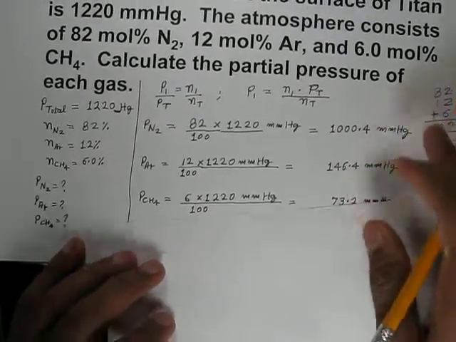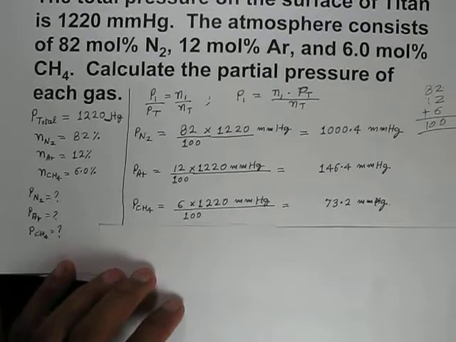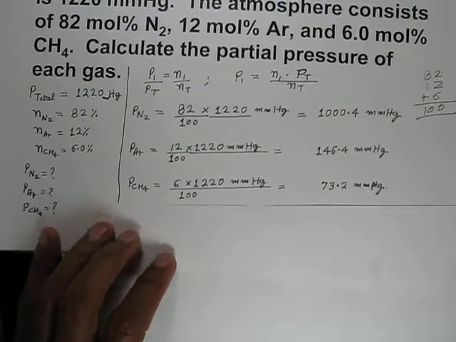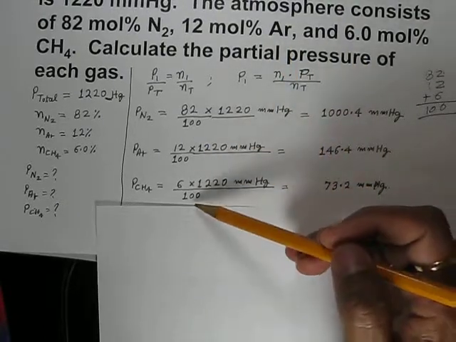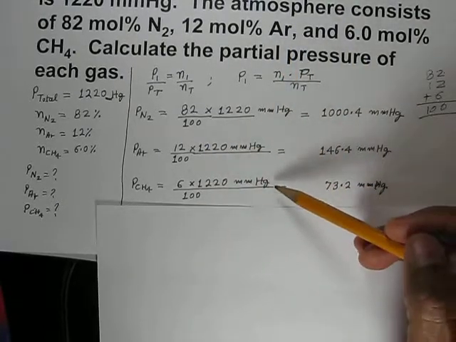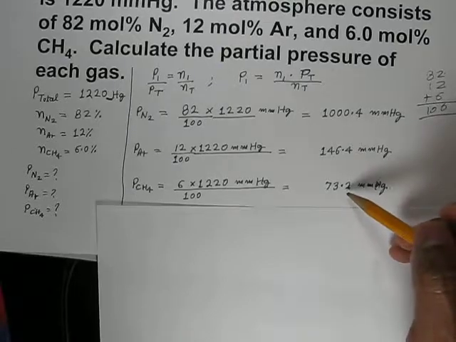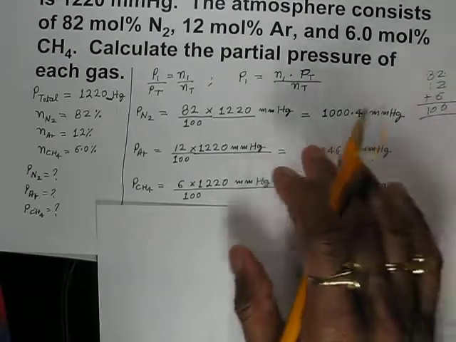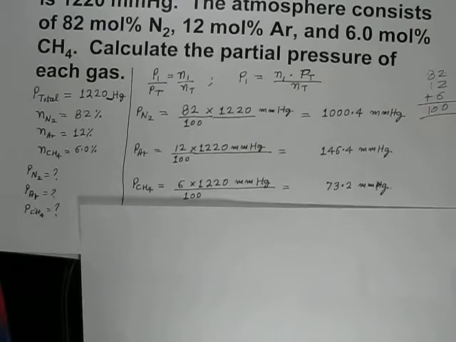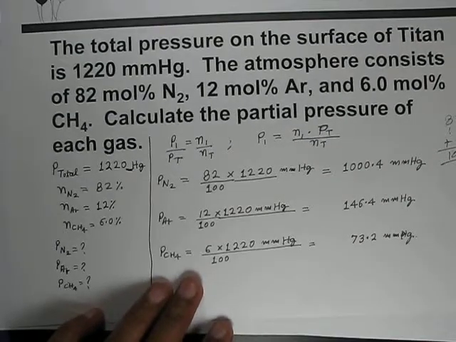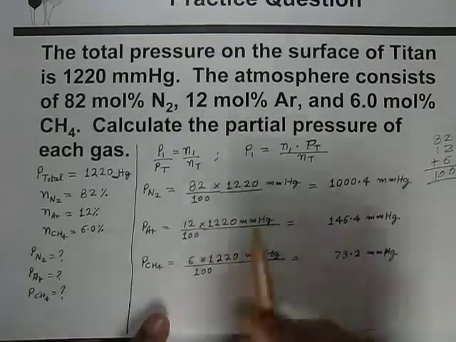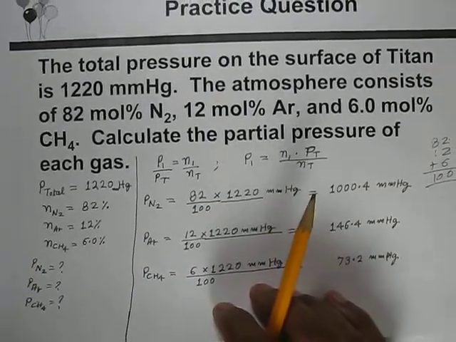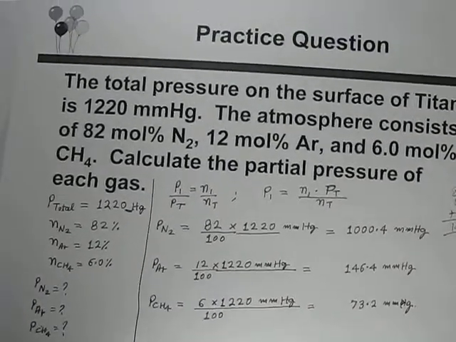And the third one is methane gas, 6 mole percent divided by 100 multiplied by total pressure, so it will be 73.2. So this way we can utilize the mole fraction and calculate the partial pressure of each gas if we know the mole fraction of any gas in the mixture.